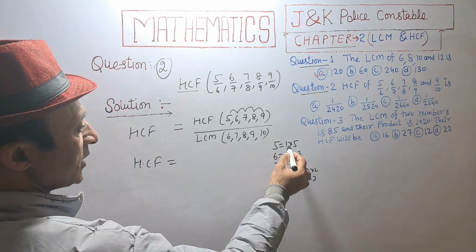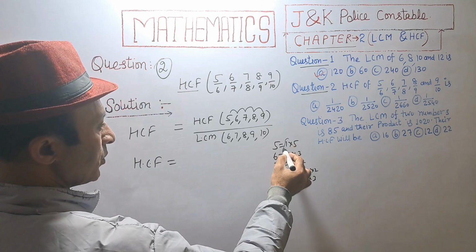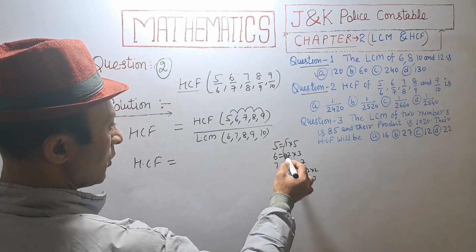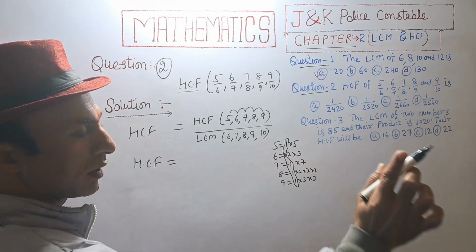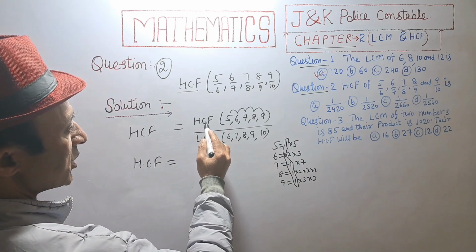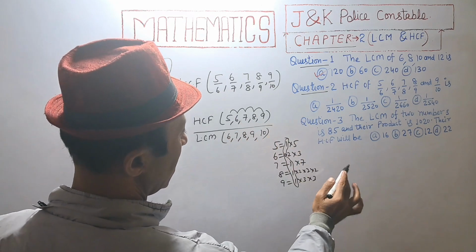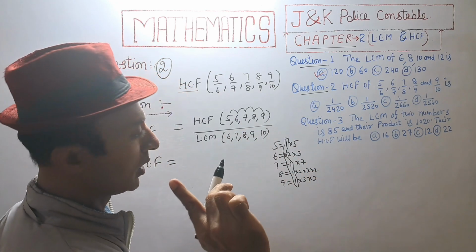But HCF, highest common factor, that is equal to 1. Highest common factor of 5, 6, 7, 8 and 9, that is 1.